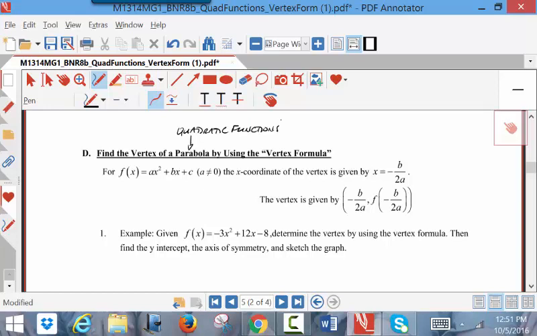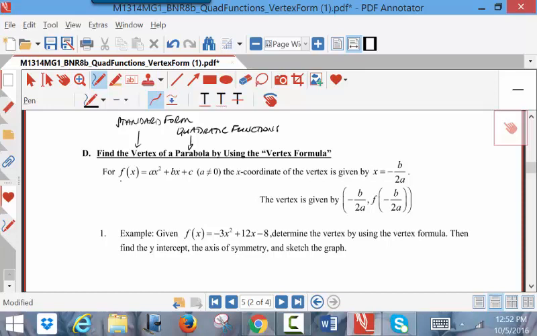So in other words, we're going to find the vertex given the standard form of the equation, in which we're not going to bother to do the entire algebraic method of completing the square. So we're going to find another way of getting the vertex without having to do the process of completing the square.